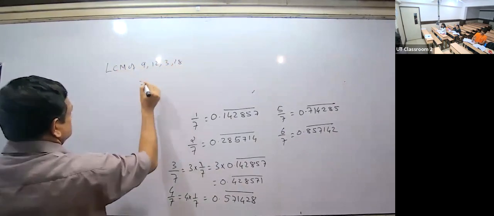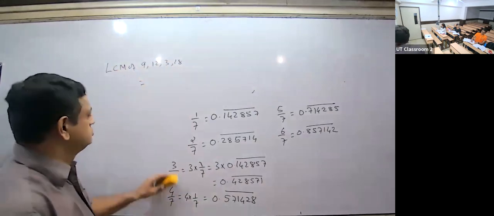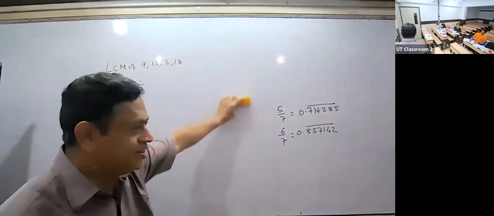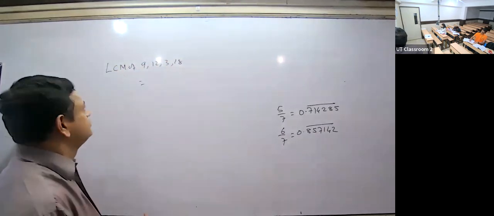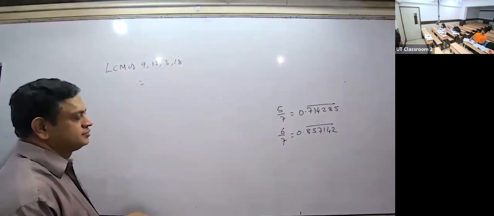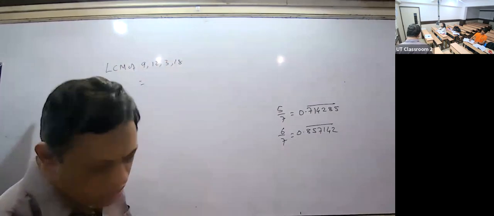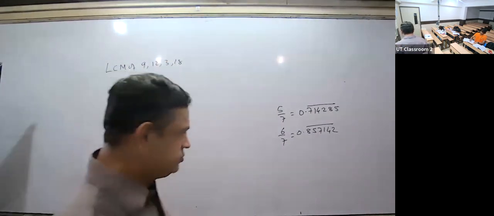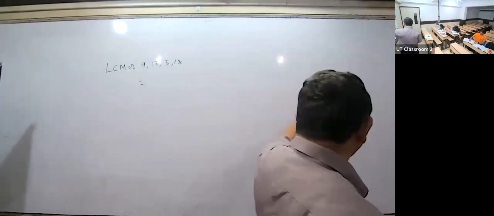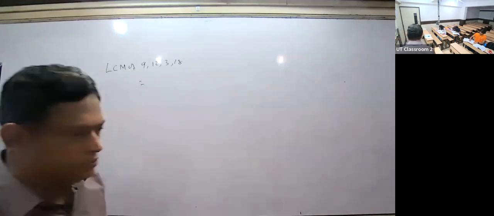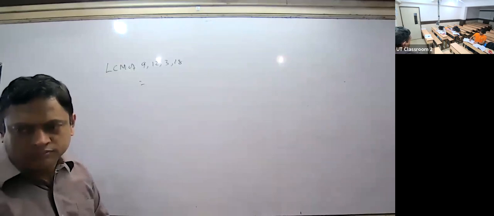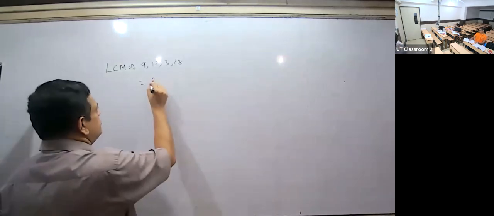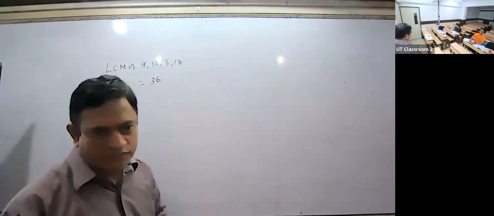Did you get it? Tell fast, then we'll stop. 36. These are 9, 18, 36.